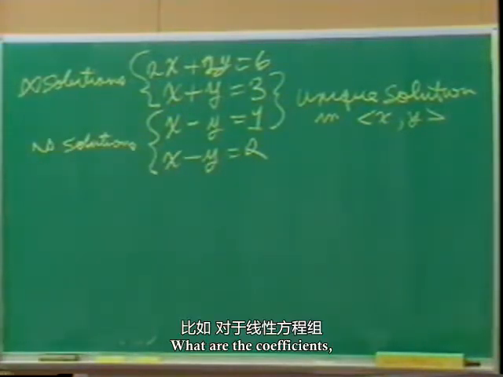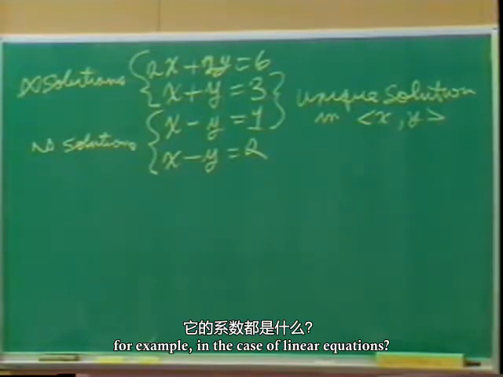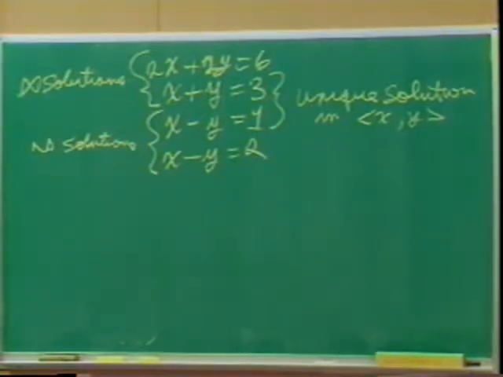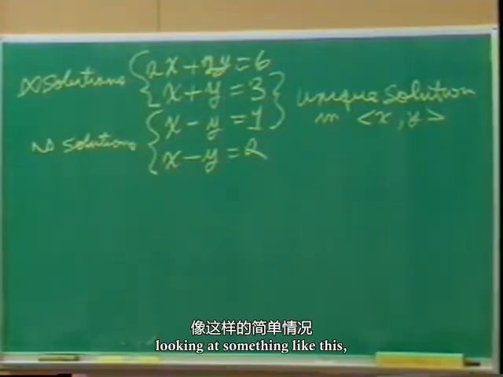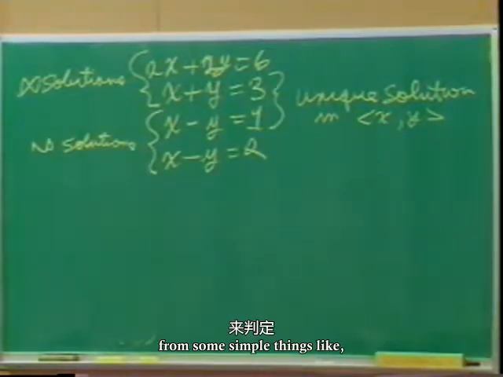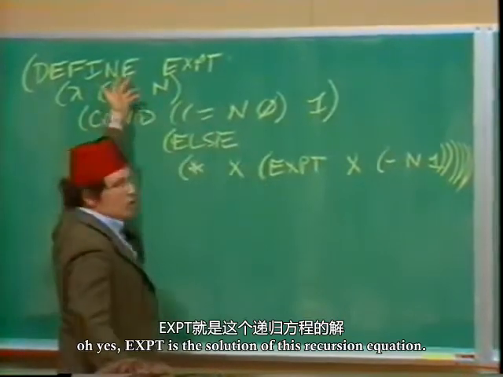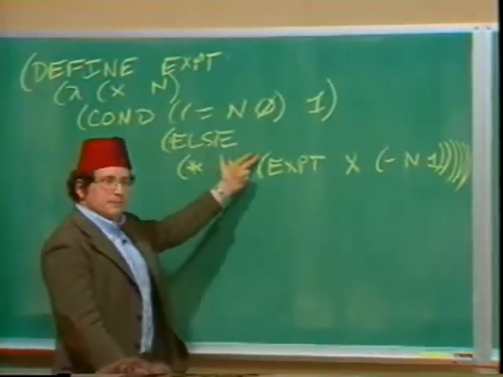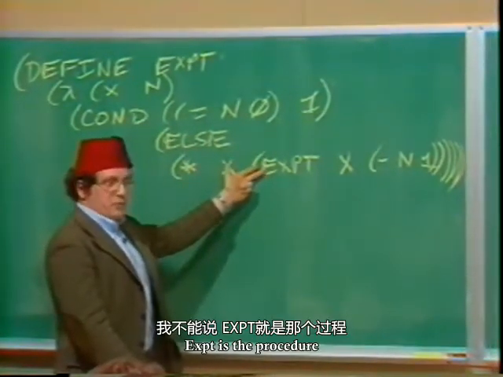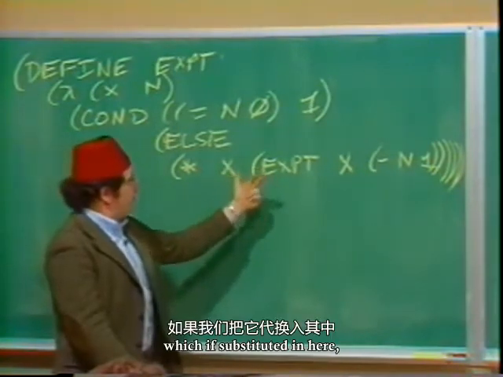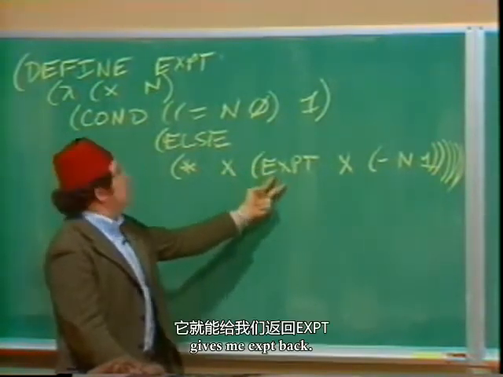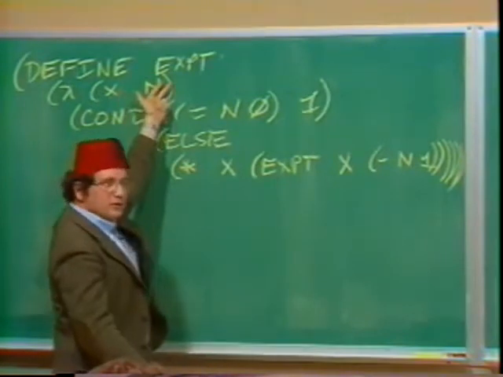What are the coefficients, for example, in the case of linear equations? So I shouldn't expect to be able to tell, looking at something like this, from some simple thing like, oh yes, EXPT is the solution of this recursion equation. EXPT is the procedure which, if substituted in here, gives me EXPT back.